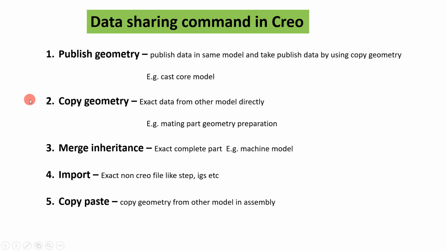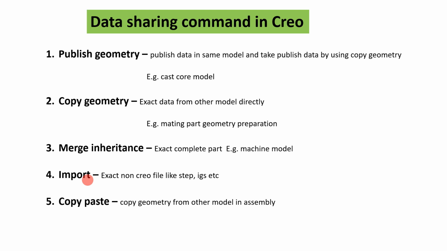Merge inheritance we can use to extract the complete model. For the machine model we need the casting model, so we want the complete casting model as it is. For that purpose we use the merge inheritance command. The import command we use to get data having a different extension, like a STEP file or an IGS file.